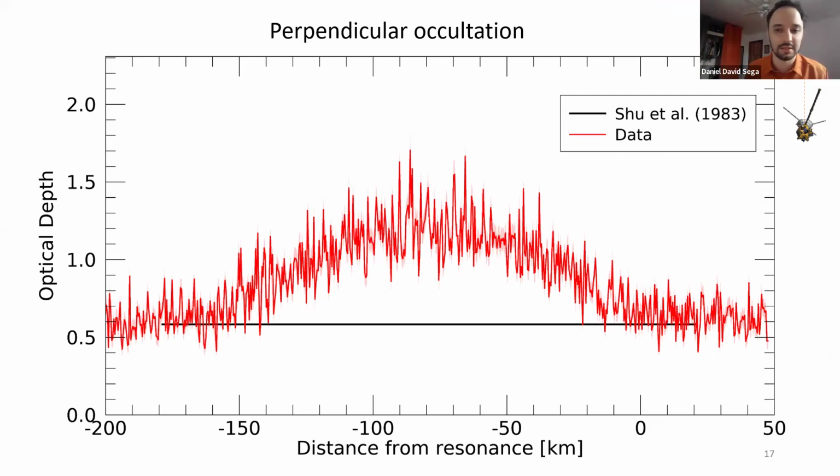And I think this is the biggest discrepancy, right? Because in the previous oblique occultation comparison, there were some things that were wrong, but there were also things that were more or less right. Here, it's just missing the mark completely. And we want to emphasize understanding what's happening in these normal occultations.